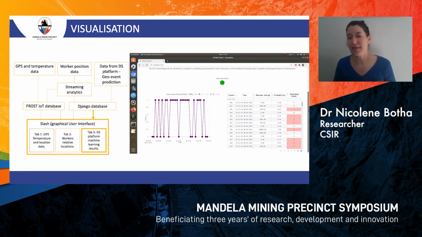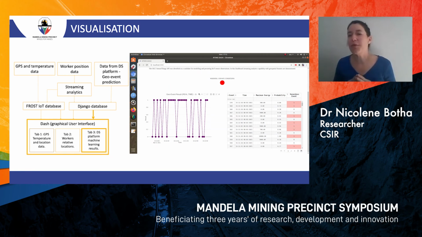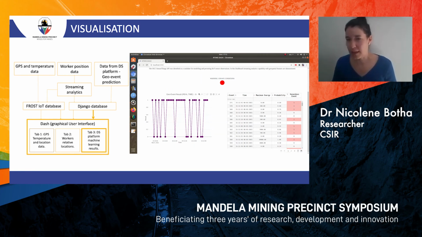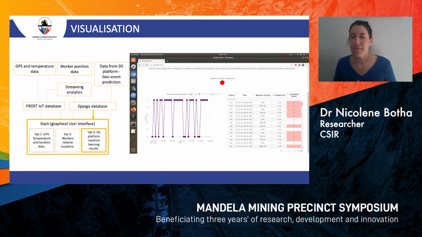And in the table next to it is the time that the prediction took place, some parameters used in the prediction, such as maximum energy, and then the probability of the event occurring. So here in this case for event 571, the probability of a hazardous event is 59%.